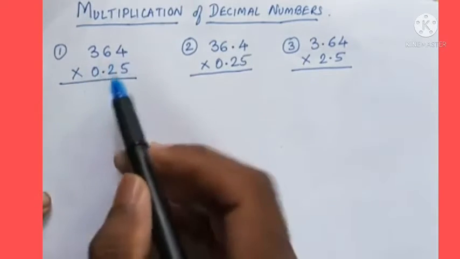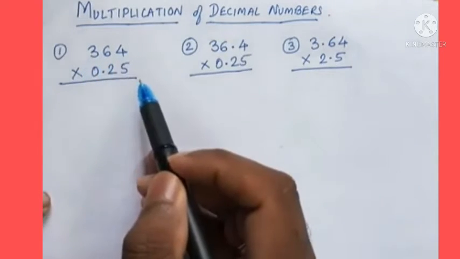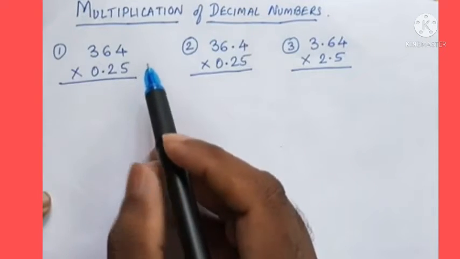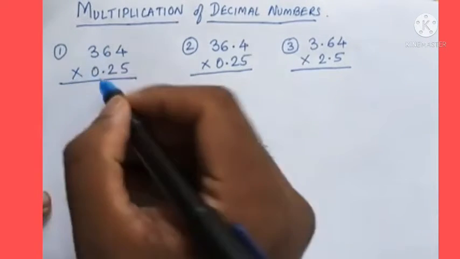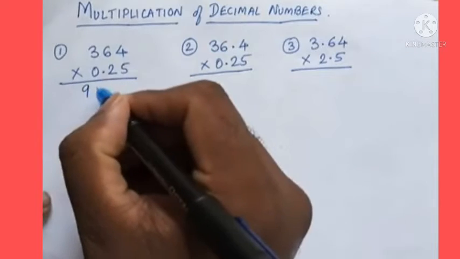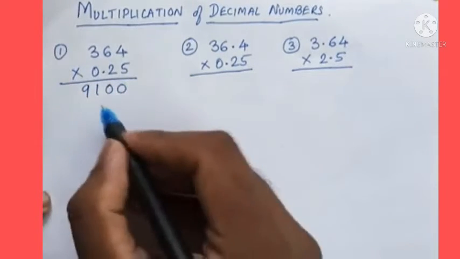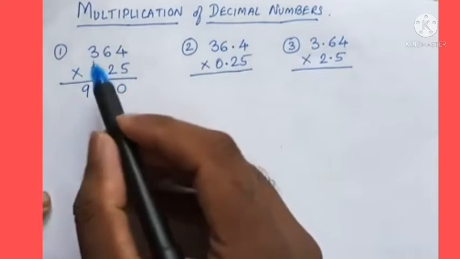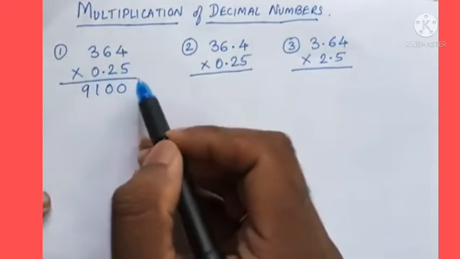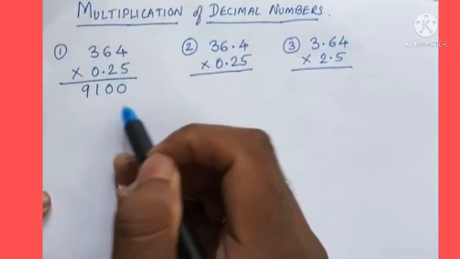So the first step is 364 multiplied by 25, and the answer that we get is 9100. Remember, this is not the final answer.